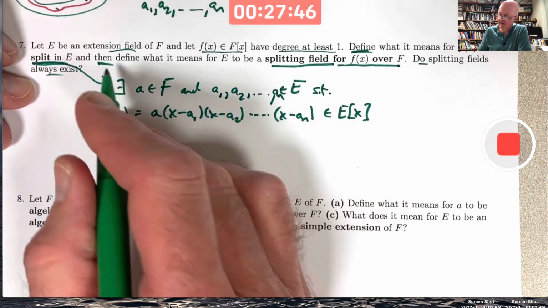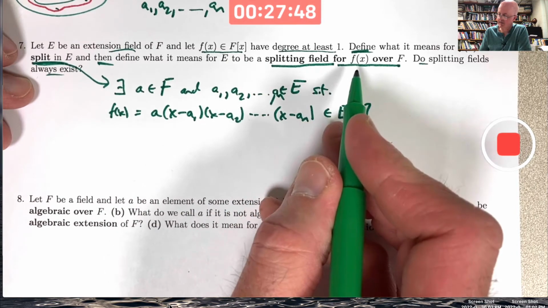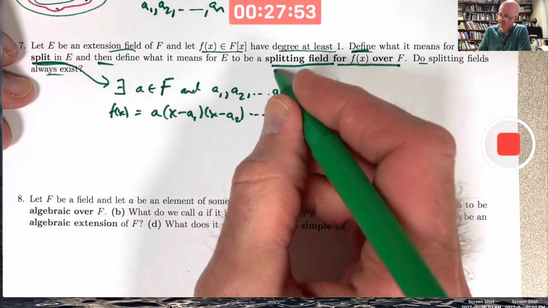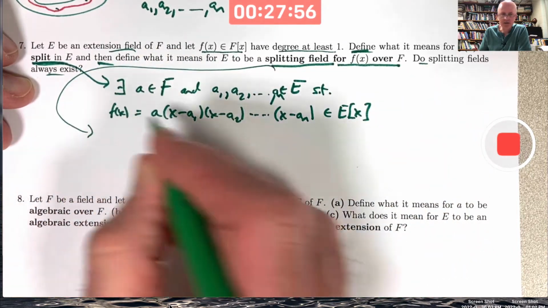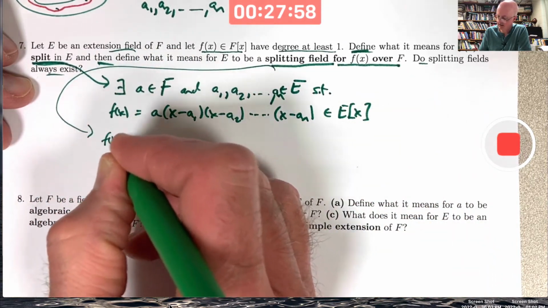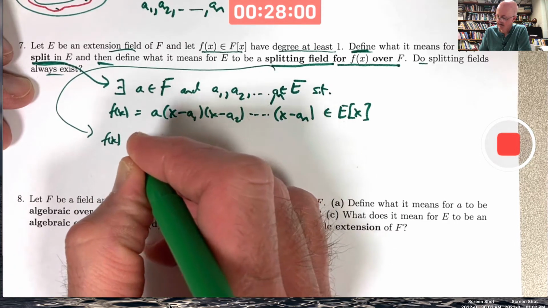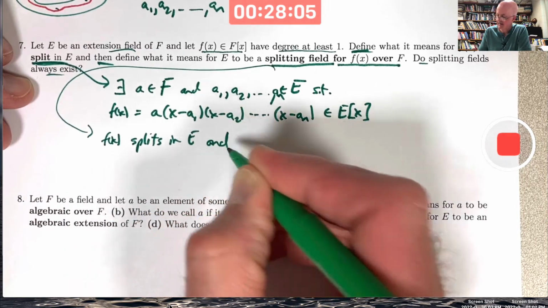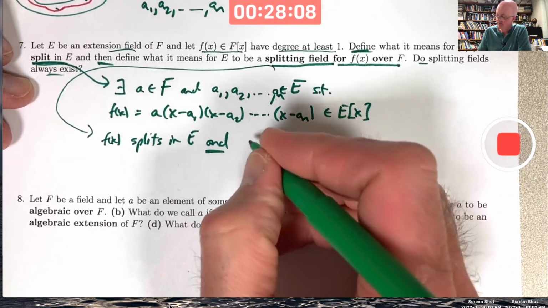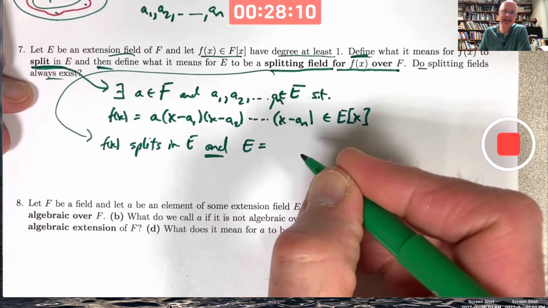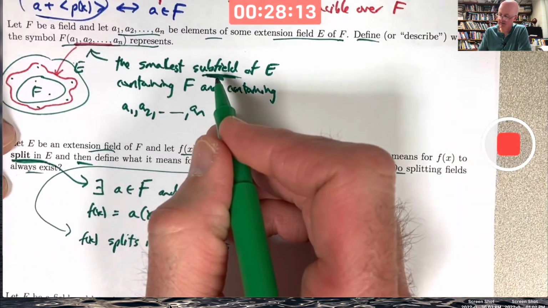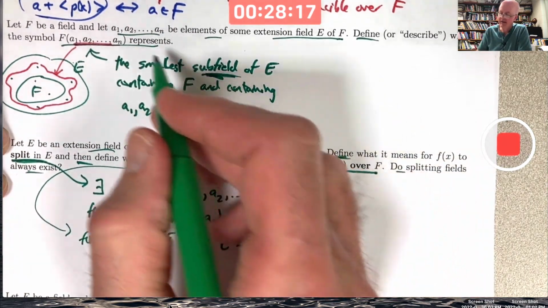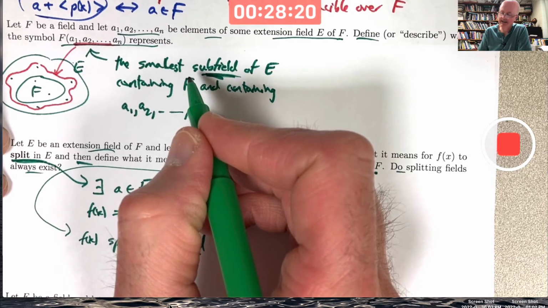Based on this definition, then define what it means for E to be a splitting field of little f of x over F. It means not only does little f of x split in E, but also E is the smallest subfield of some bigger field, perhaps, in which little f of x splits.